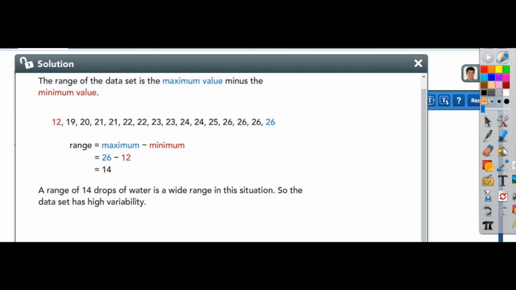So a range of 7 versus a range of 14, I could say that 12 could be an outlier. So in this case, we want to use the median as a measure of center because the median will better represent the data set because 12 could be considered an outlier. So this data set is going to have high variability since 14 is such a large number.